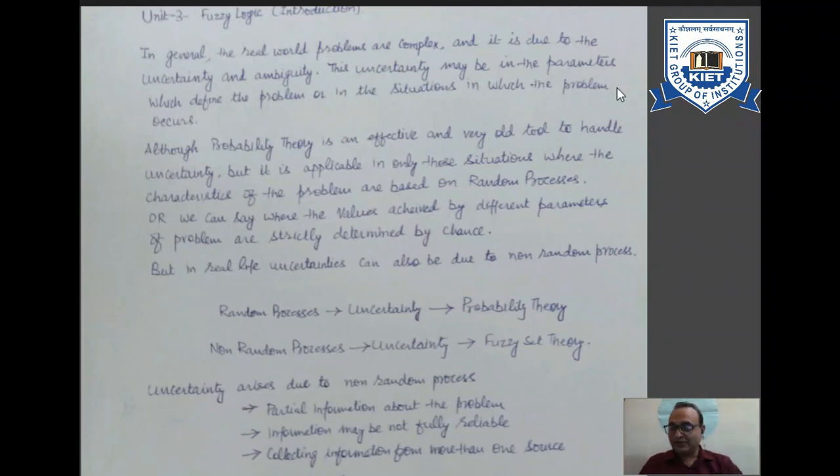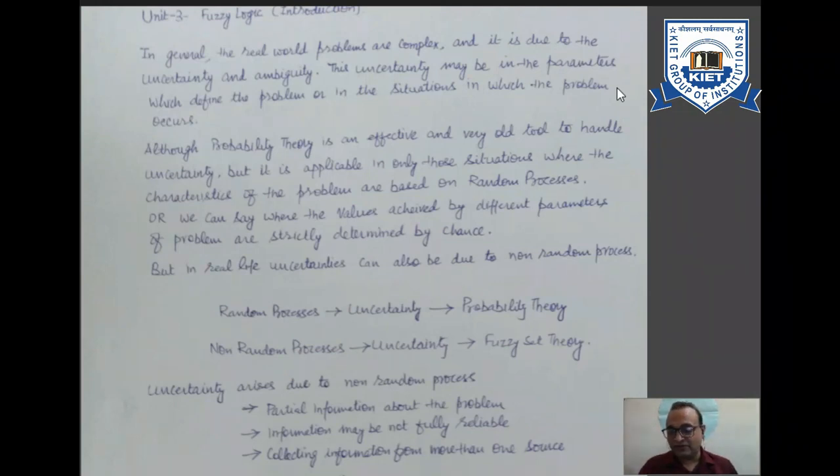Now friends, I have discussed some things with you. One very important thing is uncertainty. See, from very old days, in mathematics we have had probabilistic theory, which deals with all these types of situations where probability occurs, where uncertainty occurs.